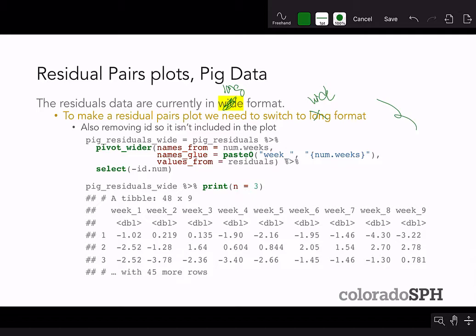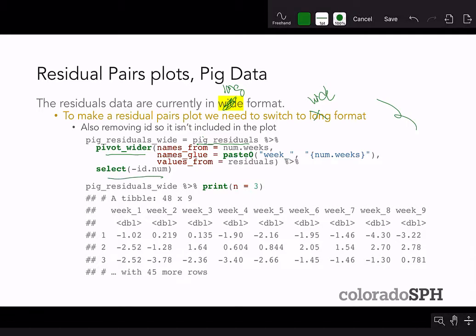I'm also removing the ID because we don't want to calculate the correlation of the ID row. But so here I'm taking the residuals that I calculated in the previous slide, and I'm using the pivot_wider tidyverse function to transform this data from long format to wide format. And then getting rid of the ID column.